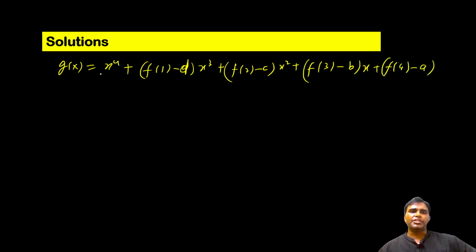So basically gx is a biquadratic equation, right? And all the roots are real, and they have given also that g of i value is 1.